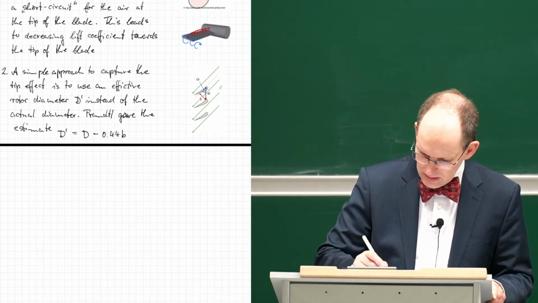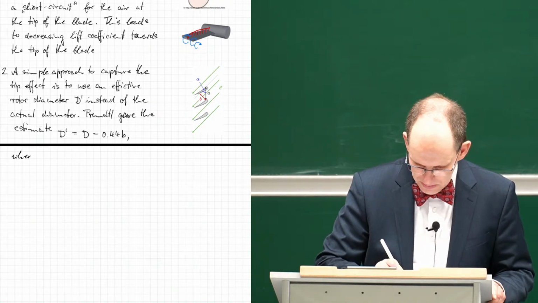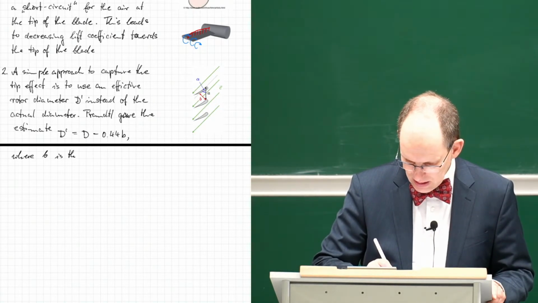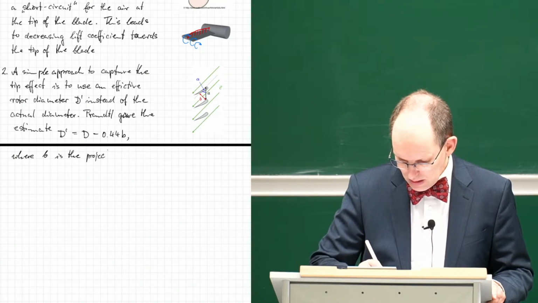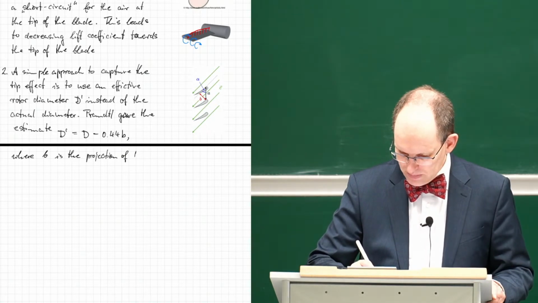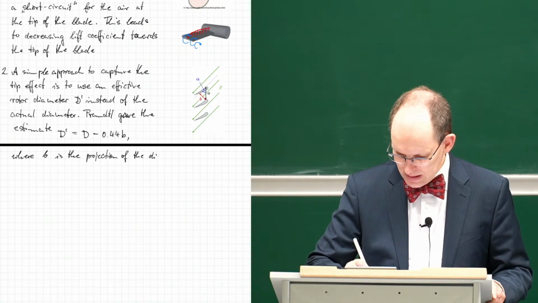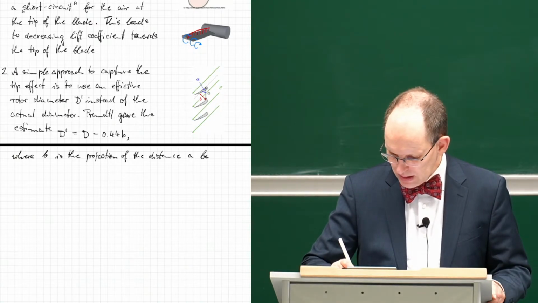So let's continue the sentence here, where B is the projection of the distance A between rotor blades.